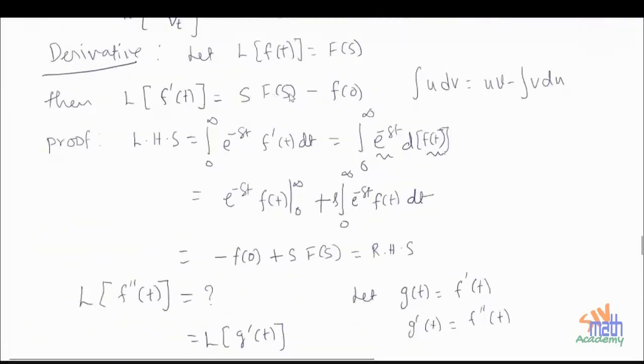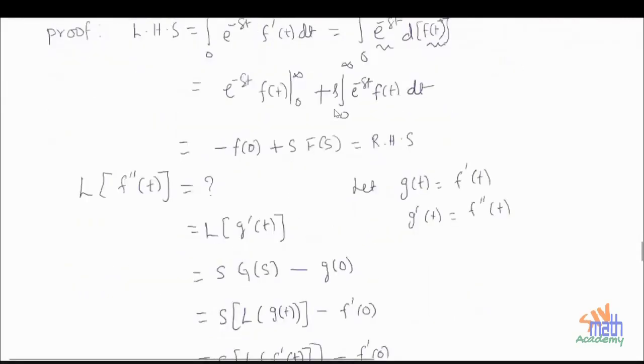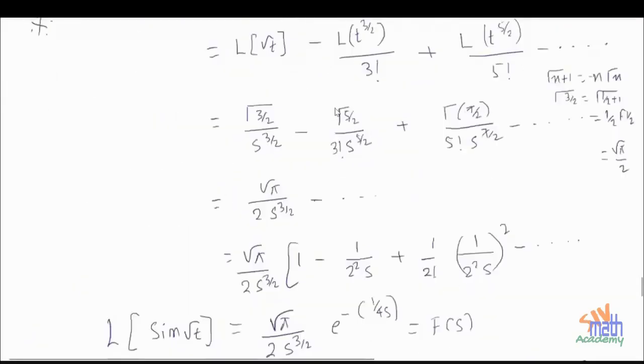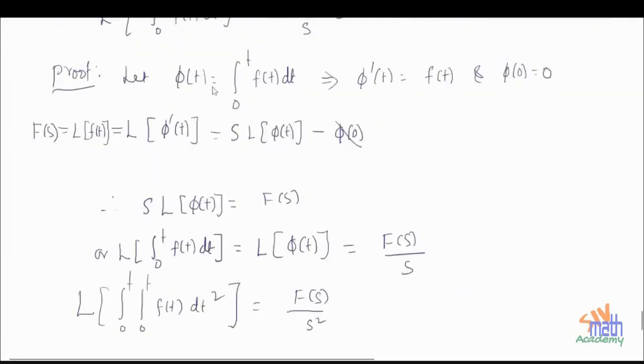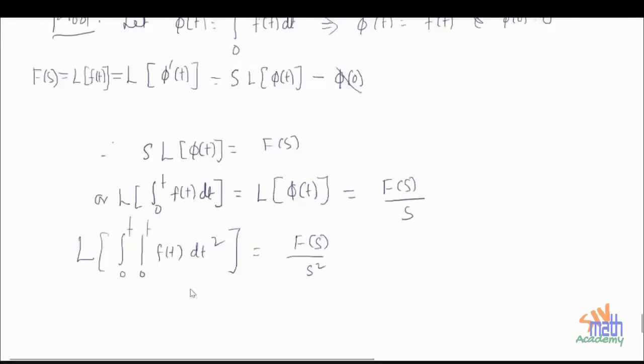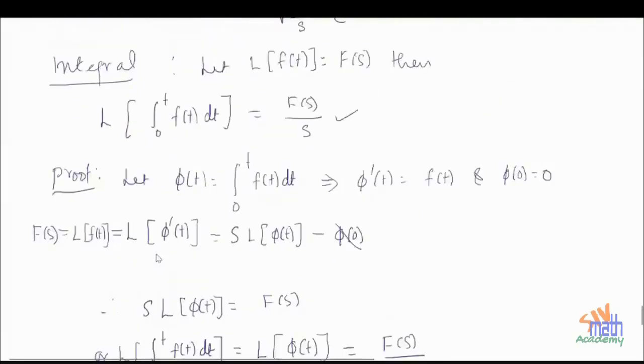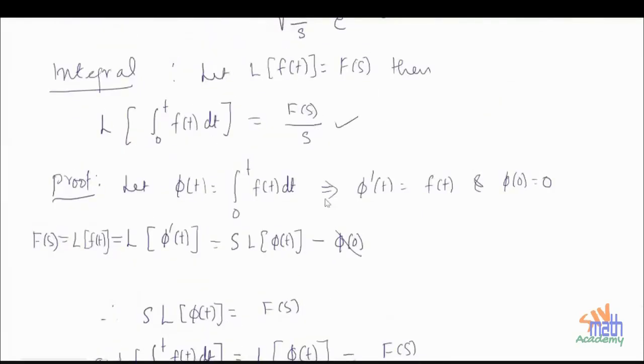Of course, this quantity is there. So this is what you have to understand here. On the left side, if you are taking a derivative, on the right side it is a multiplication. On the left side, if you are integrating, then on the right side it is division by s. The same holds: if on the left side you are multiplying by t, then it is a derivative on the right side, and if it is a division by t, then on the right-hand side you have to take an integral.